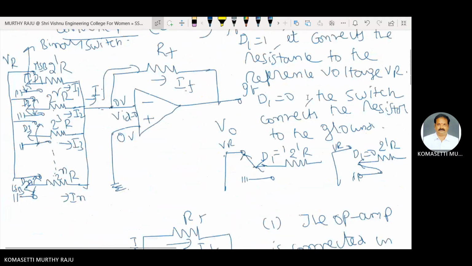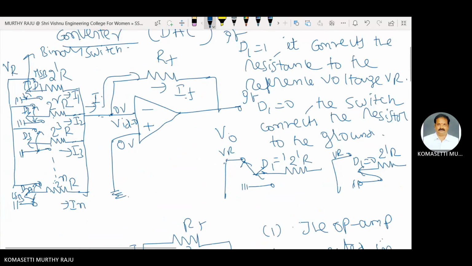Here I1 is equal to VR by 2 power n into R, when I1 is obtained, that particular corresponding resistance is connected to VR only. Otherwise, I1 is equal to 0. The corresponding resistance is connected to 0, therefore I1 is equal to 0.